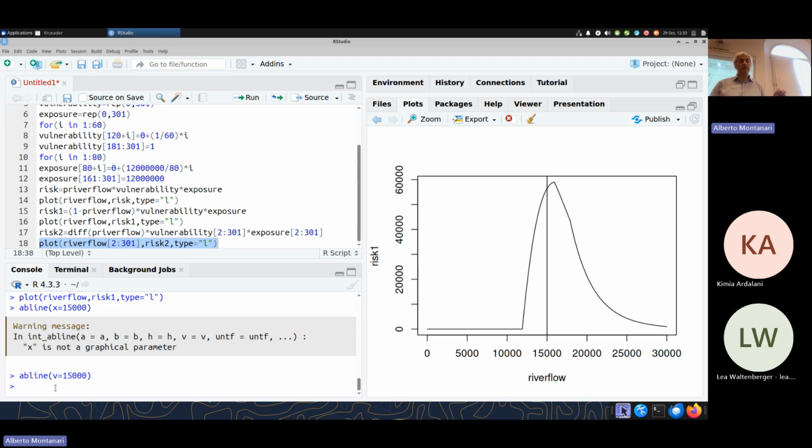So in flood modeling and flood mitigation, we use the river flow as a measure of the intensity. This means that to any river flow we associate a probability, in this case of exceedance. With this probability of exceedance, you estimate the risk, and the risk is a damage.